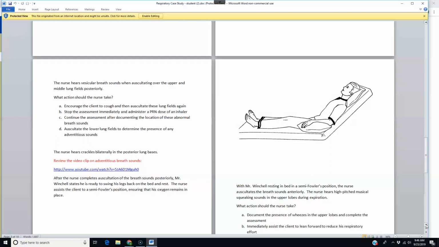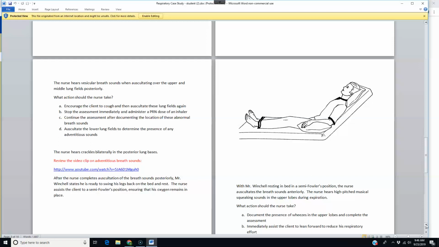Is that an adventitious or is that a non-adventitious breath sound? So, auscultate that lower lung field to determine the presence of any adventitious sounds, okay? So the question is, is it a normal or abnormal breath sound when we talk about vesicular? Not going to tell you. I want you to critically think that one out.